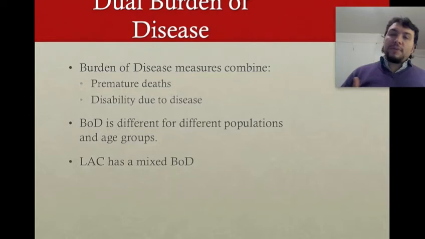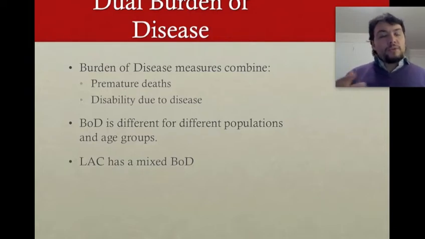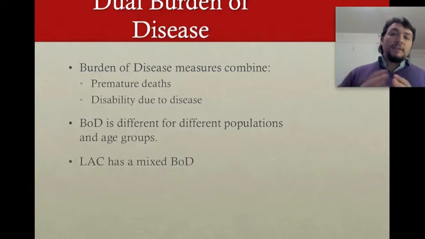If you're familiar with the concept of burden of disease, you know that this concept not only uses early mortality to measure the impact of particular causes of illness and death, but also it takes into account the effect of the disability created by that particular type of disorder throughout the lifespan of an individual and populations.